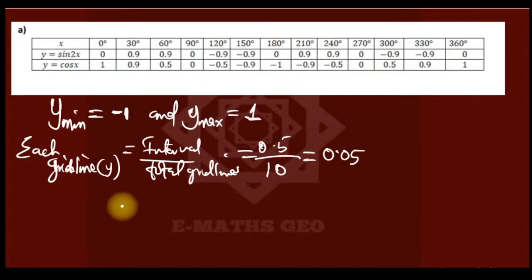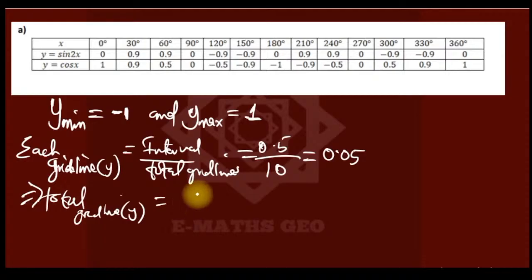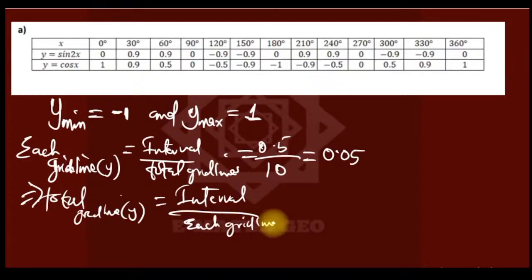So to locate a particular interval, y will be the interval over each grid line. Meaning, for the values of y, each time I'm looking for one that isn't visibly seen, I divide that value by 0.05.